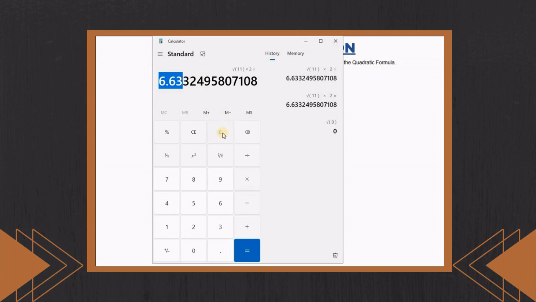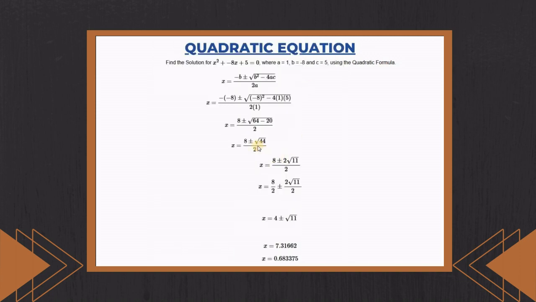That's the reason why, instead of the square root of 44, you could easily have 2 times the square root of 11, because 4 times 11 gives you 44 anyway, and 4 is a perfect square.